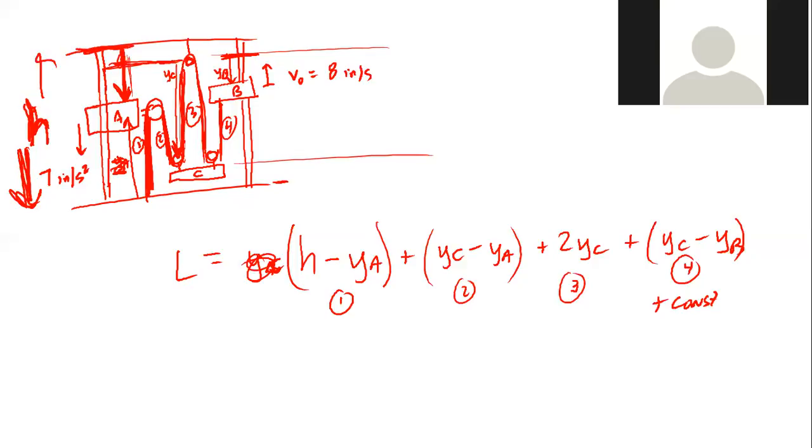Okay. Yeah. I'm a little confused on the one you labeled as 2, because YC doesn't go all the way from the top. So how is that YC minus YA? Just because this little distance here is always a constant between those two. Okay, that makes sense. Yeah. Okay.